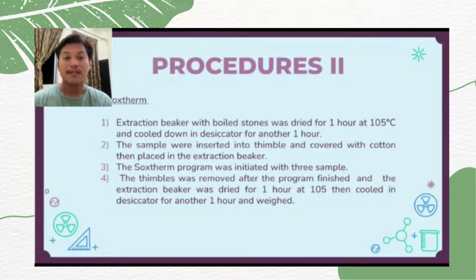Number 3, the short-term program was initiated with 3 samples. Number 4, the thimbles were removed after the program finished and the extraction beaker was dried for 1 hour at 105 Celsius, then cooled in the desiccator for another 1 hour and weighed.